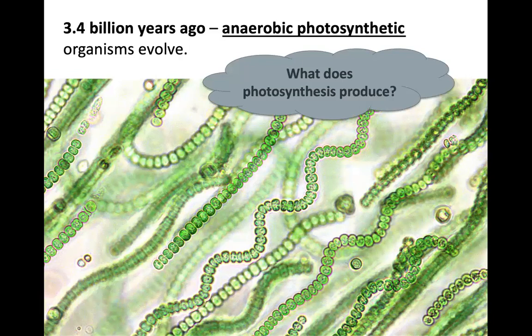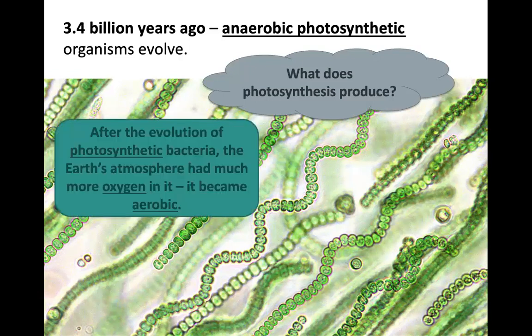So now we said we were an anaerobic Earth, right? After the evolution of that photosynthetic bacteria, now we are going to have oxygen. So now the environment and the atmosphere is aerobic. Previously it was anaerobic, but now with these photosynthetic organisms, we are able to be aerobic because now we have more oxygen.